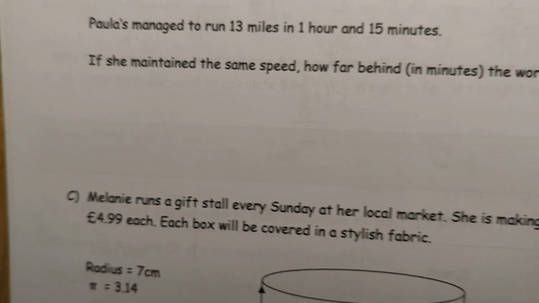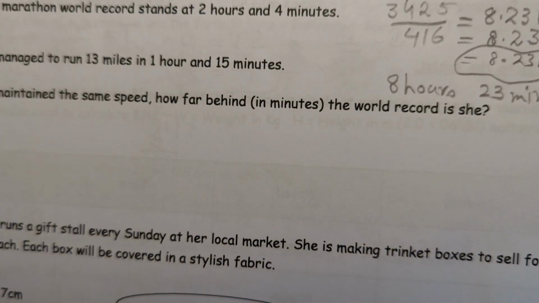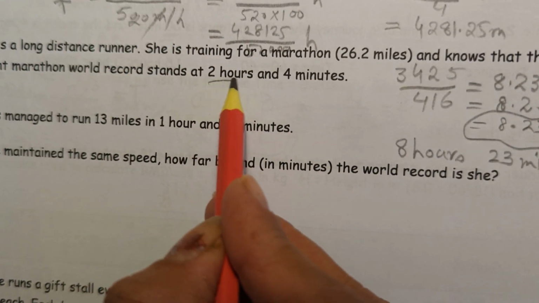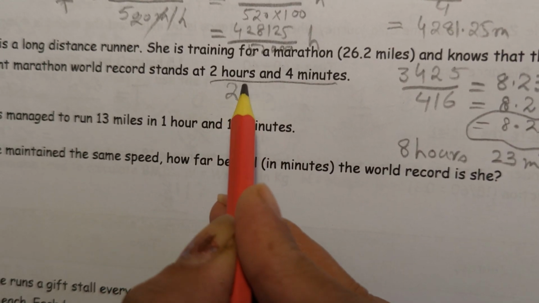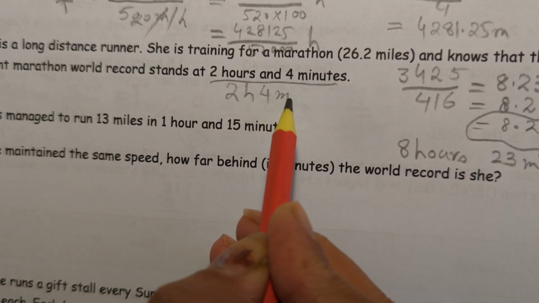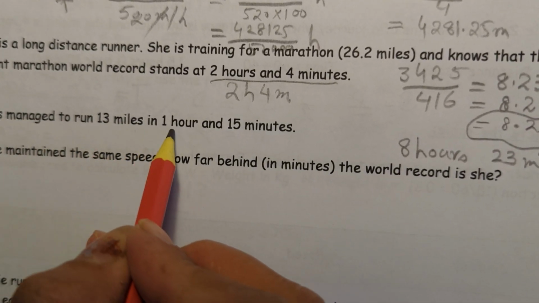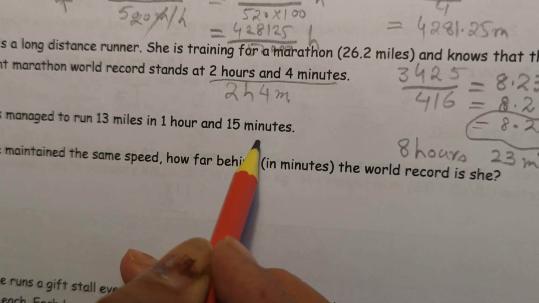In this question, we have to find out which things are given. The world record is 2 hours and 4 minutes. Paula managed to run 13 miles in 1 hour and 15 minutes.